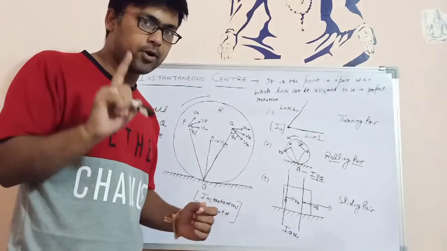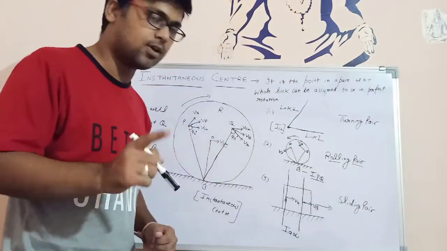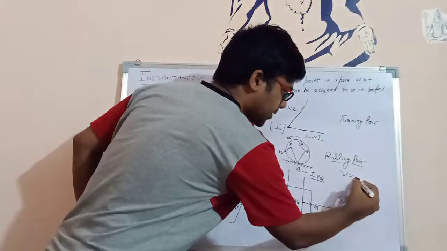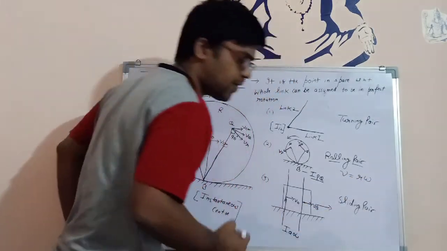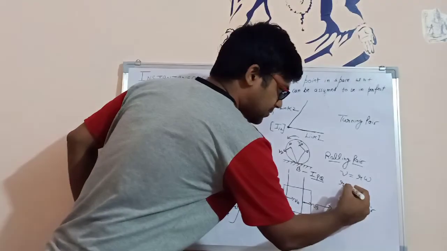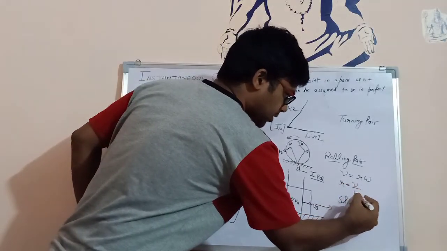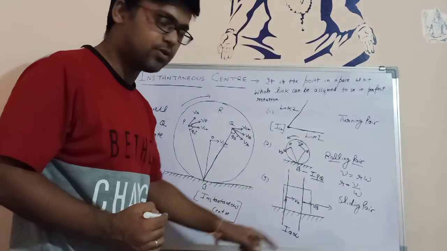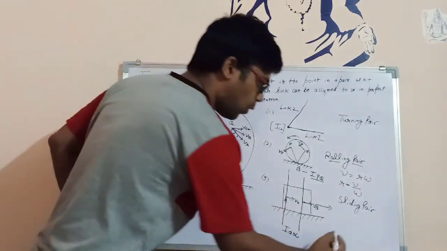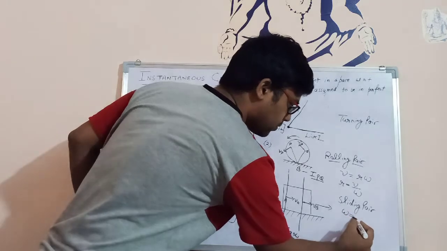And there is one more important thing about the sliding pair. For example, the relation is V equals R omega. So if I have to find the value of R, that is the perpendicular radius, R is equal to V upon omega. Here in this case, we cannot say this body has any kind of angular velocity, so obviously the value of omega is 0.